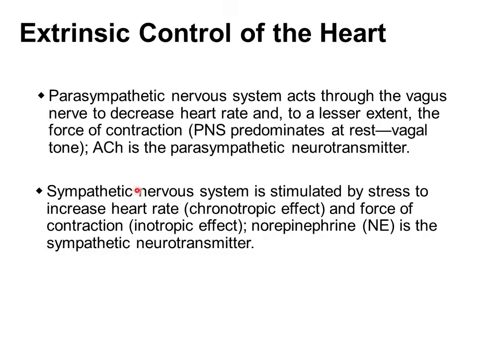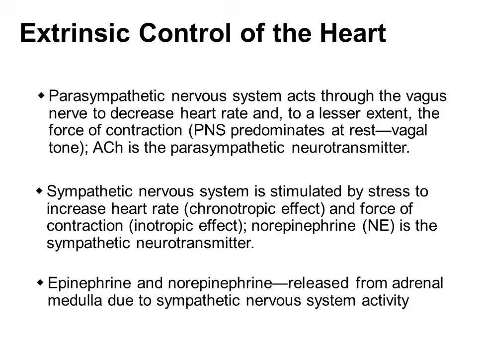And so as you exercise, typically you get what's known as parasympathetic withdrawal, or decrease in parasympathetic nerve stimulation, and then an increase in sympathetic nervous system stimulation. And then once again, the adrenal medulla will release epinephrine and norepinephrine, which affects the sensitivity of the heart to norepinephrine released from the sympathetic nervous system.